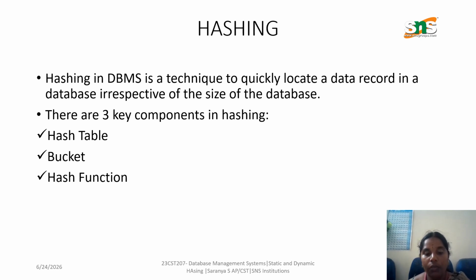Here is the working of the hash function. There are two possibilities. The first one is that the hash index generated is not already occupied by any other value, so the address of the data record will be stored there. The second is that the hash index generated is already occupied by some other value.